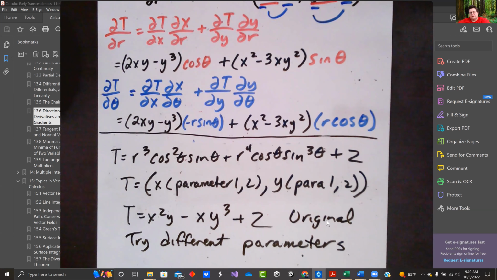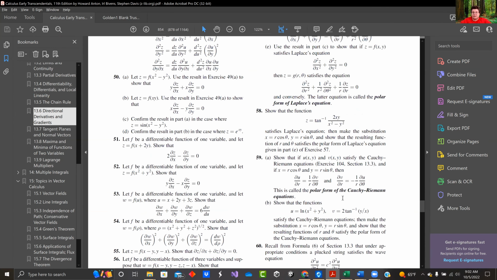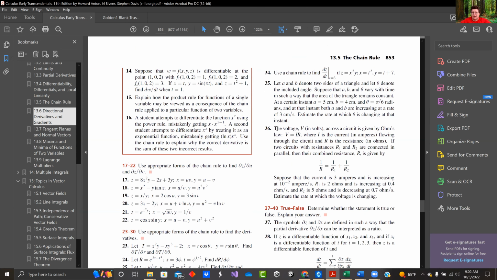Okay, my point is this is a tool. We are going to use the tool, like partial derivatives and the chain rule, over the rest of the semester. If you want to see specific examples, let's go for a word problem up here that uses it. Ohm's law, voltage.